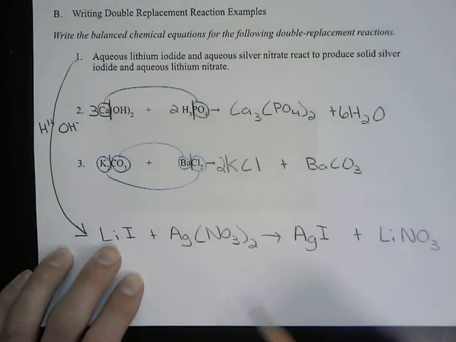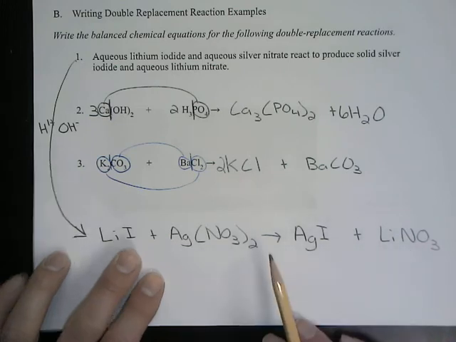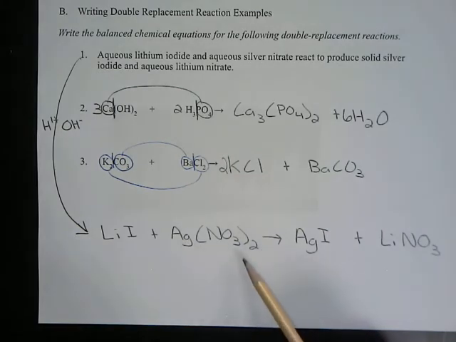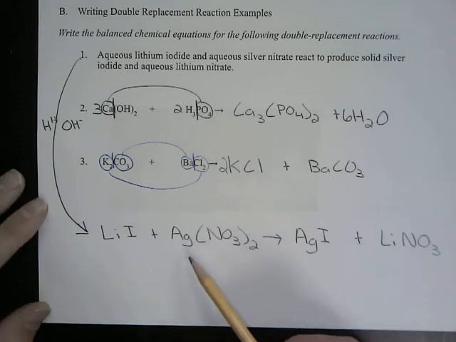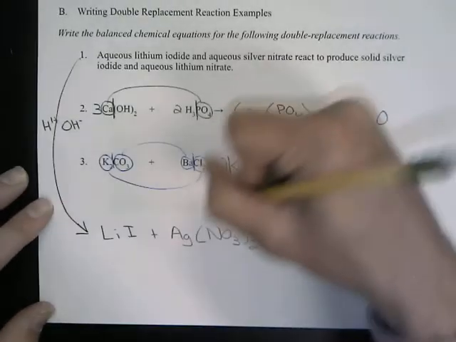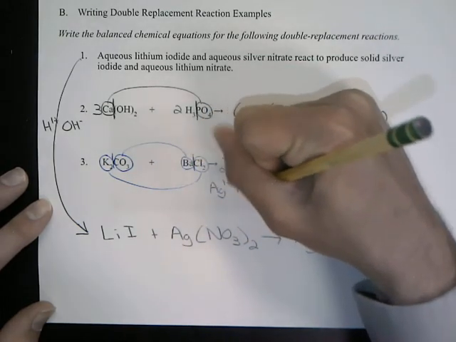Li is 1 on the left, 1 on the right, we're good. I is 1 on the left, 1 on the right, we're good. Silver is 1 and 1, we're good. However, let me double check the nitrate. That is a mistake. It should be Ag+ and NO3-.